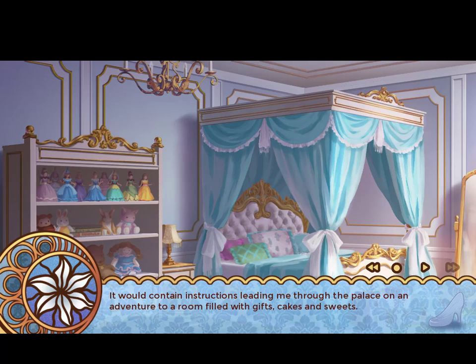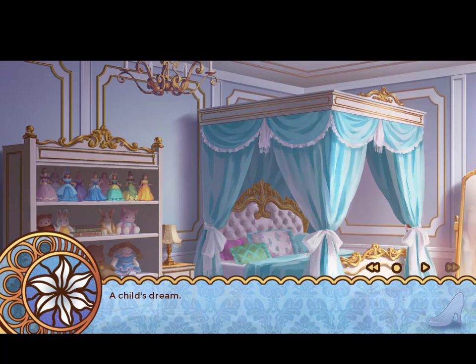It would contain instructions leading me through the palace on an adventure to a room filled with gifts, cakes, and sweets. A child's dream. I had been fascinated by the dolls, which had always had a little greeting card with the words "I love you" on it, signed by M. The card would tell me to keep those celebrations a special secret, but I didn't need to be told that. Mother always found a way to show me she still cared. In her own way. Secret celebrations stopped as soon as she had disappeared.